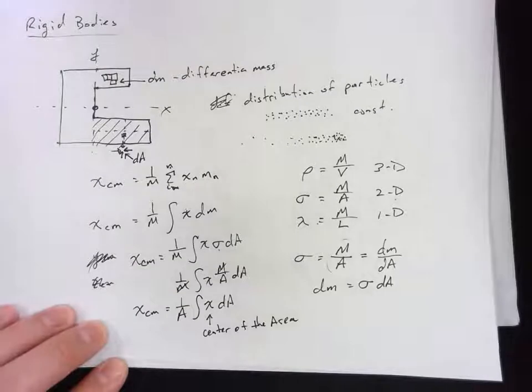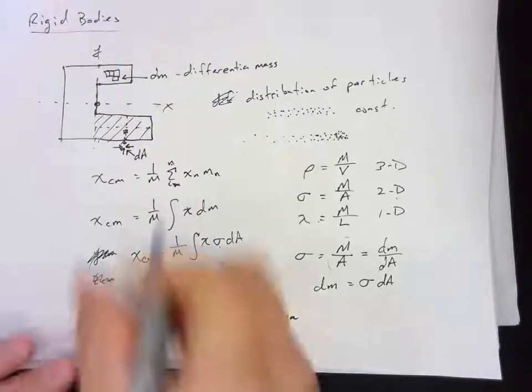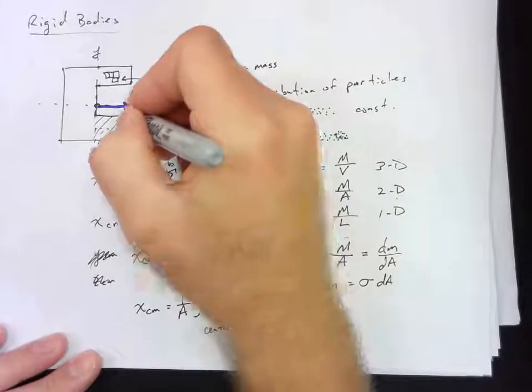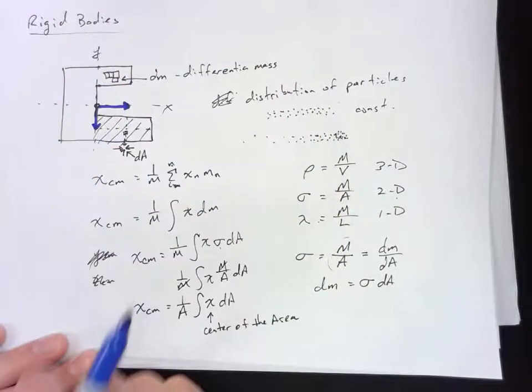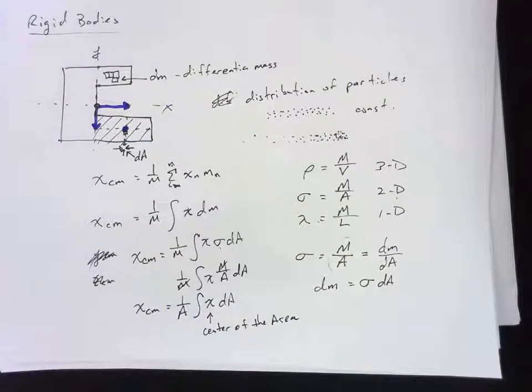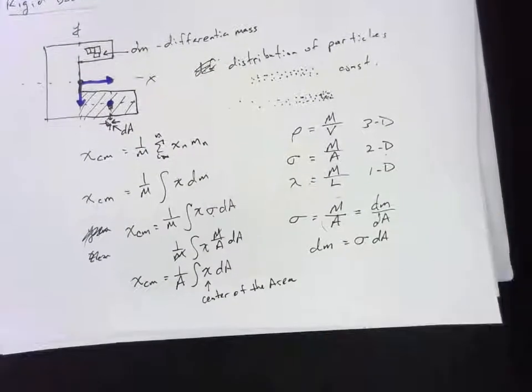You would have to figure out how far over from here it is, and then how far down, and that's going to be the center of that single area. And again, you can do that in both directions.